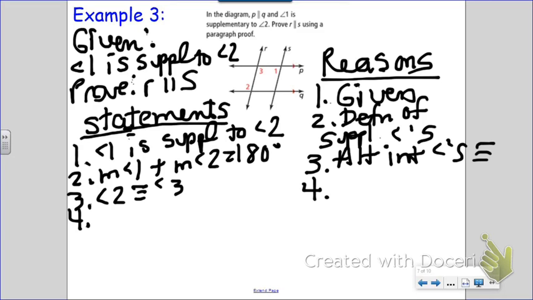Therefore, we know that the measure of angle 1 equals the measure of angle 3. That's the definition of congruent. Congruent means equal.